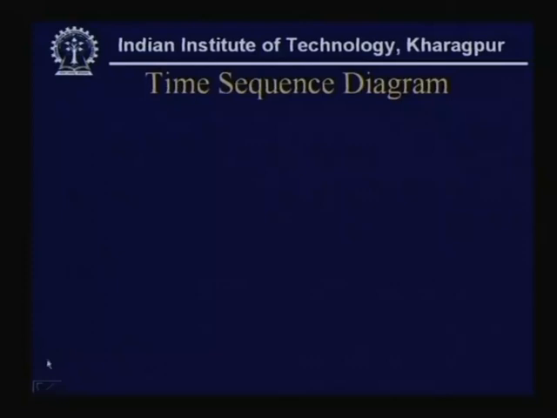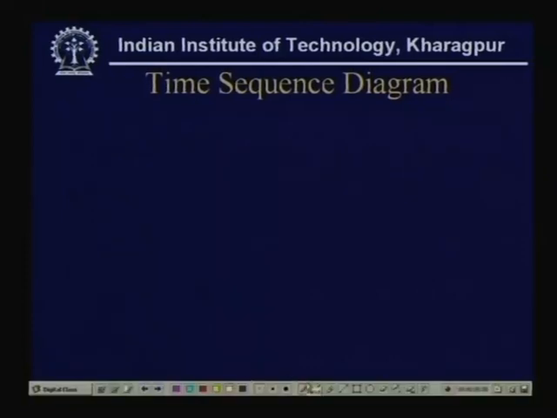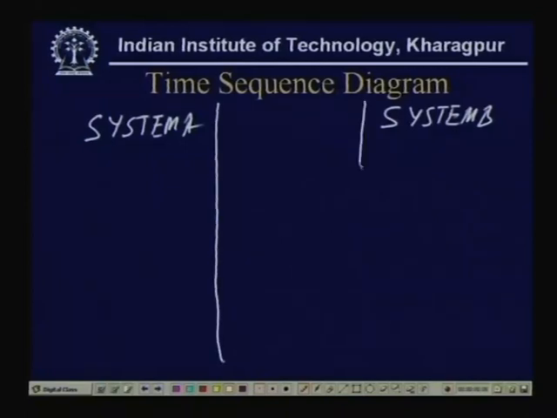Say this side is system A and this side is system B. And here protocol actions are performed, and obviously this is the service provider.